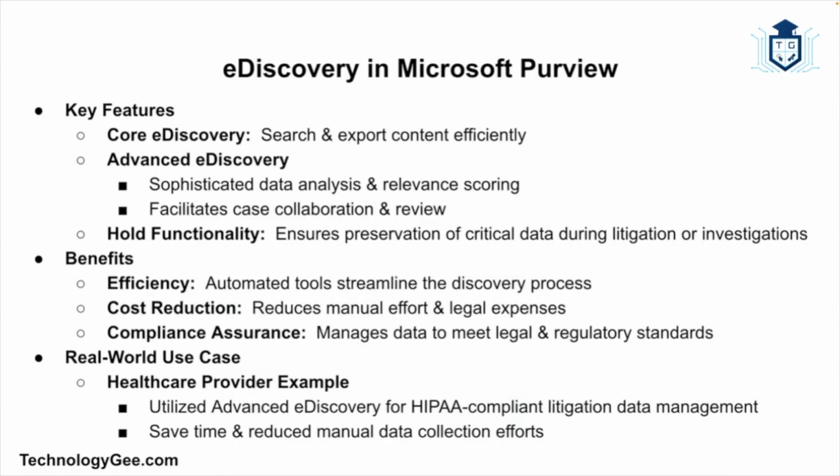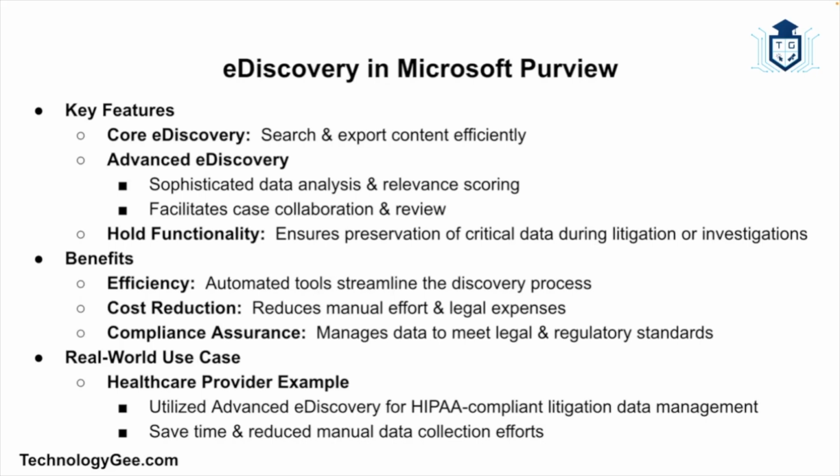Some of the key features are as follows. There is core eDiscovery, which provides basic tools to search and export content from Microsoft 365 services. There's advanced eDiscovery, which offers more sophisticated capabilities, including data analysis, relevance scoring, and collaboration on case reviews.